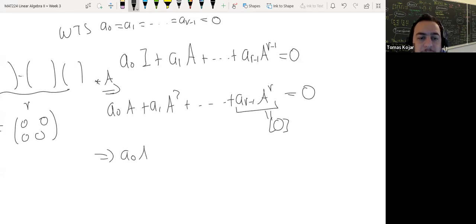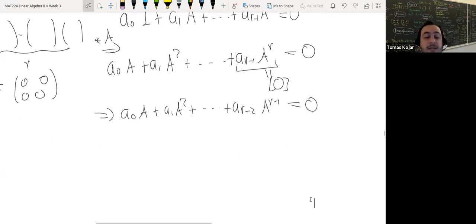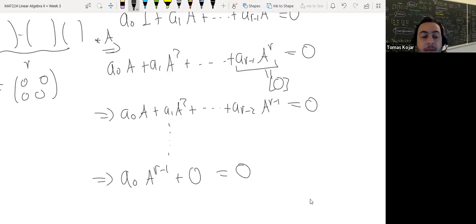You're left with a_0 A plus a_1 A squared, all the way to a_{r-2} A^{r-1} equals 0. Hopefully you can see the pattern. You keep doing this, and eventually you end up with a_0 A^{r-1} and a bunch of zero matrices. And just the first coefficient, a_0.